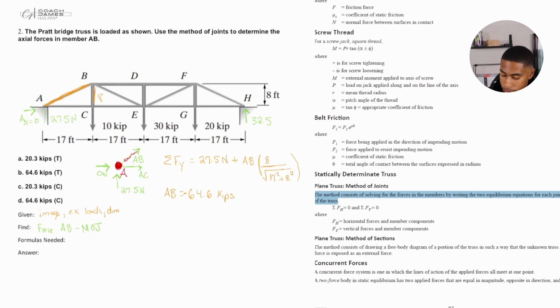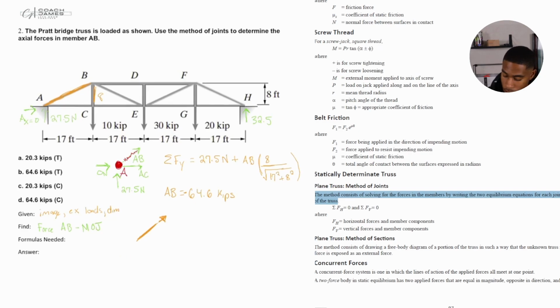Anytime you have a beam or truss platform and its force is pulling it, anytime you have this beam or this truss member and it's being pulled and stretched outwards, it is in tension.